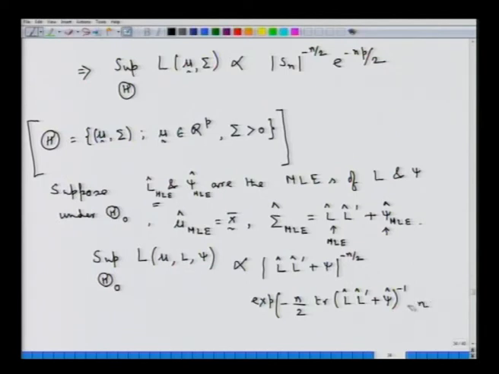I will just write this as A, because it is better to write that as A. Then this term will be given by this Sn. So, we have this particular term here. So, n times Sn is basically A, and we have the supremum over script theta of the likelihood function given by this.